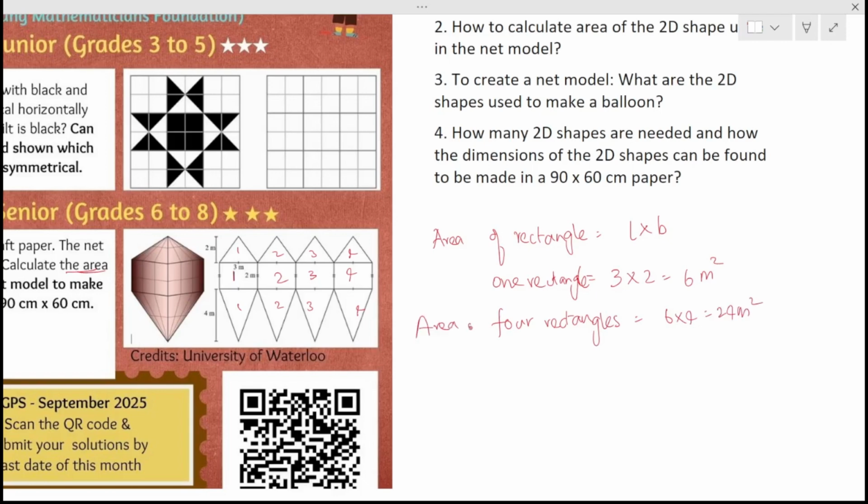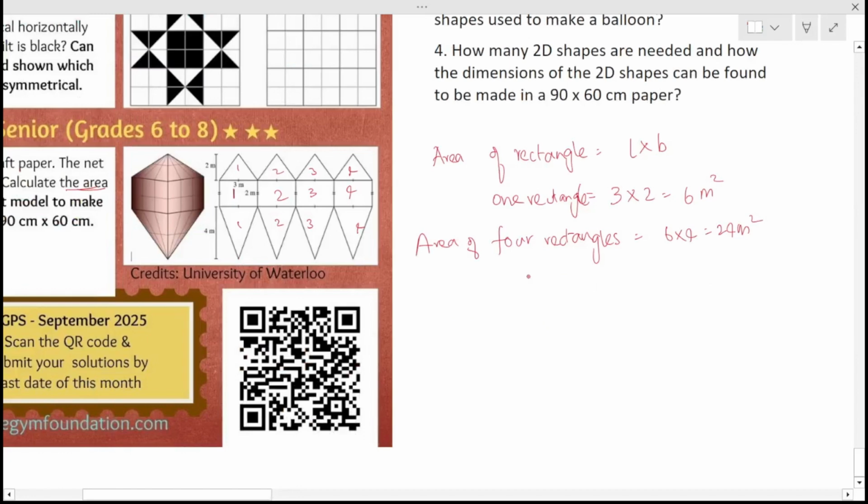Now we have to find the area for the triangle. The formula for the area of a triangle is half times base times height. For the triangle on the top, the base is 3 meters and the height is 2 meters, so half into 3 into 2. 6 divided by 2 is 3 square meters.